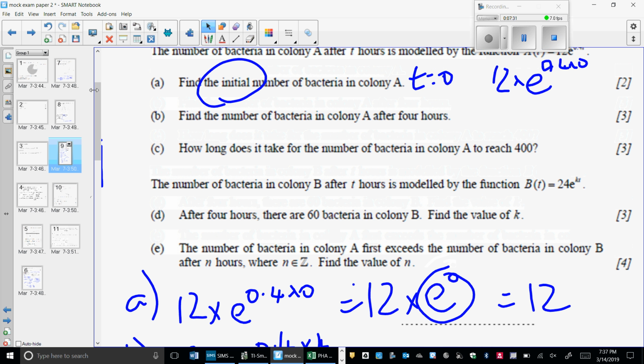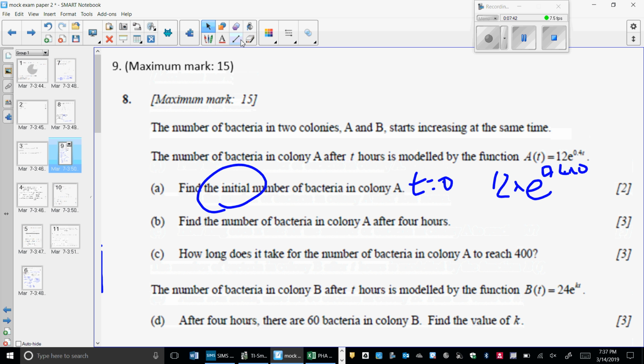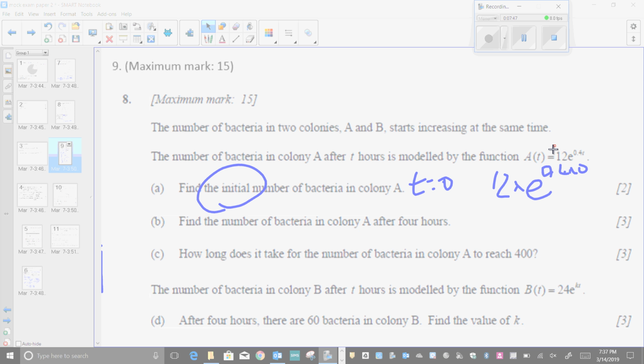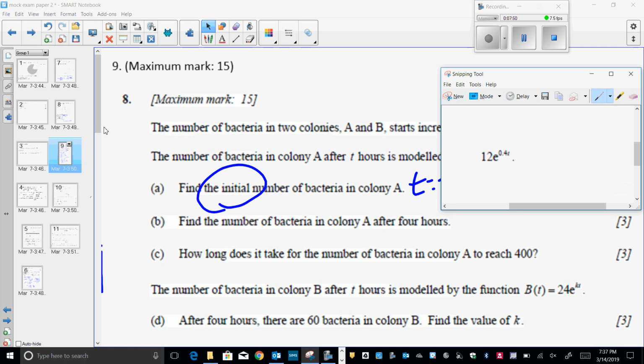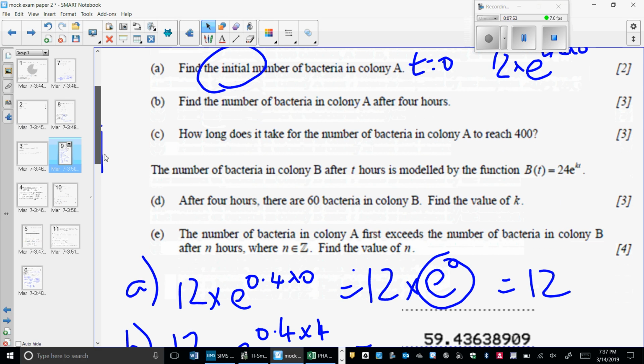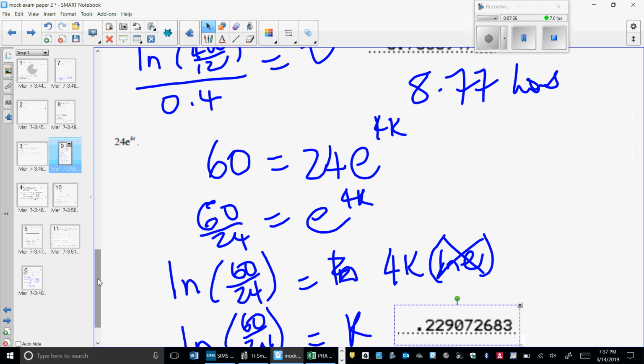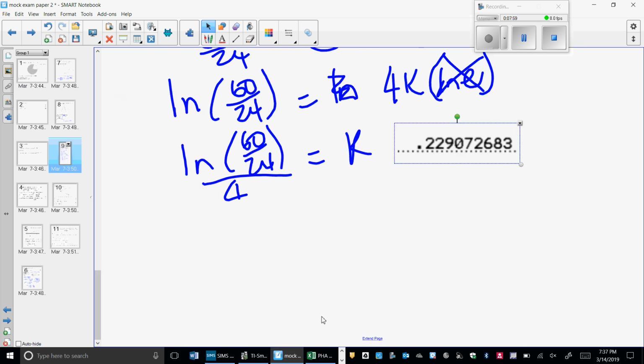The number of bacteria in A first exceeds the number of bacteria in B after n hours. So A exceeds B. I might just put them equal to each other.